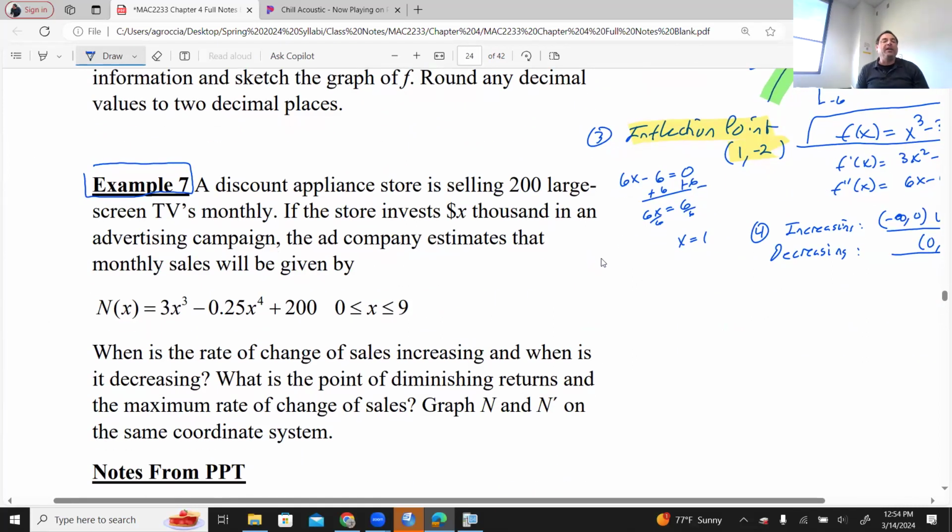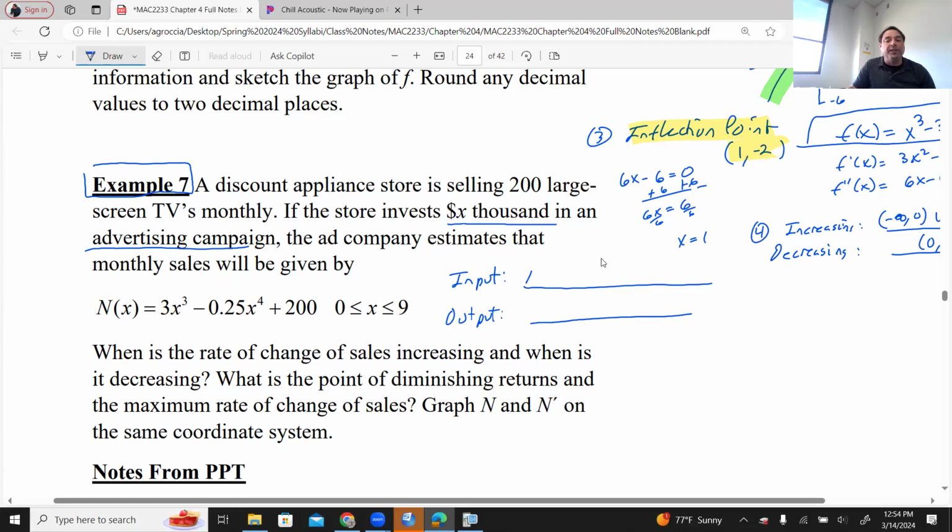A discount appliance store is selling 200 large screen TVs monthly. If the store invests x thousands of dollars in an advertising campaign... So remember, for every word problem we need to know what the input is and what the output is.